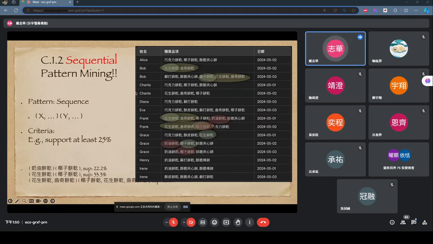Then Charlie has 2 transactions. Frank has 2, and Irons has 2, and Grace has 3 transactions. At least 3 days, from May 1st to May 3rd.